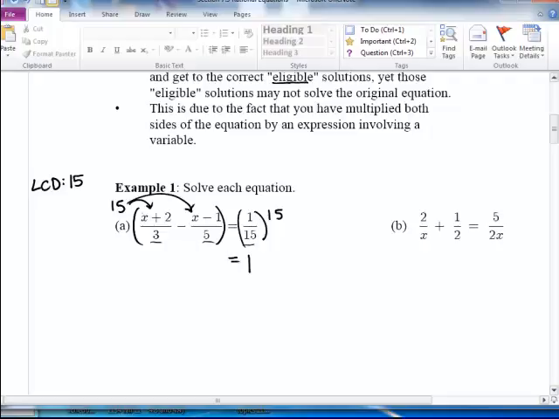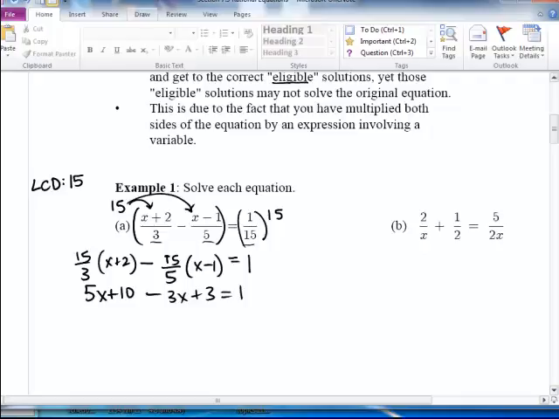On the left we'll have 15 over 3, which we can reduce to 5, times x plus 2, and then minus 15 over 5 times x minus 1. So we'll have 5x plus 10 minus 3x plus 3 equals 1.